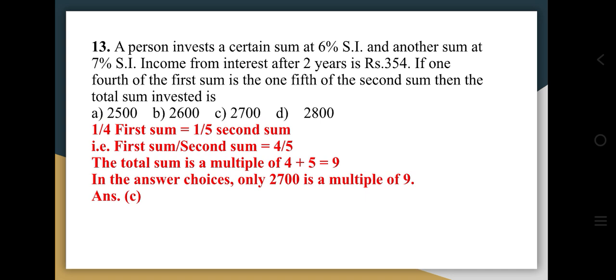So this method fails if the answer choice is 3600 instead of 2600. We cannot apply this simple method when we have two or more answer choices satisfying the condition given. If there is only one, then that is the amount.